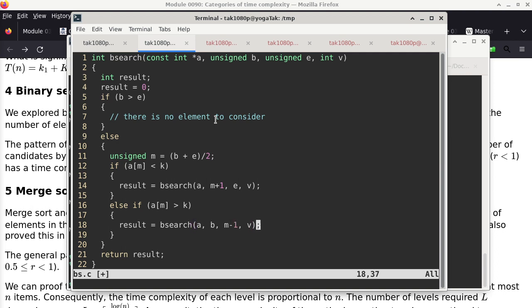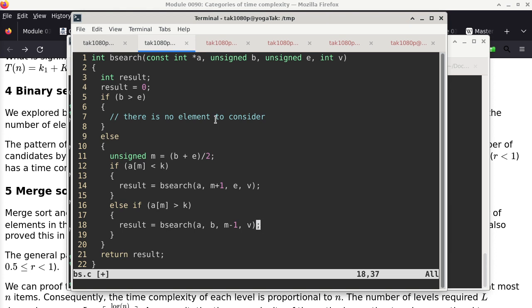So here's a quick question. What if I forget this plus 1 or this minus 1 here? What would happen to the algorithm? Would it live forever? Potentially, yes.